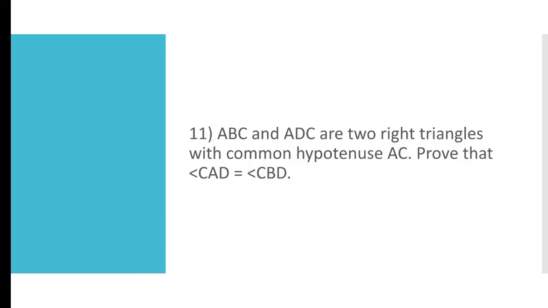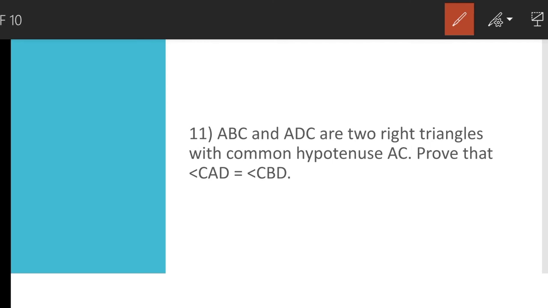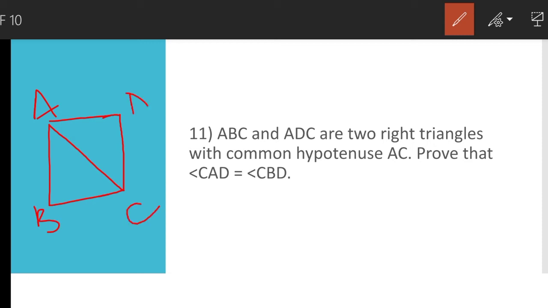Next, sum number 11. In sum number 11, ABC and ADC are two right angle triangles with common hypotenuse AC. That means ABC and ADC are two right angle triangles at B and D. The common hypotenuse is AC.